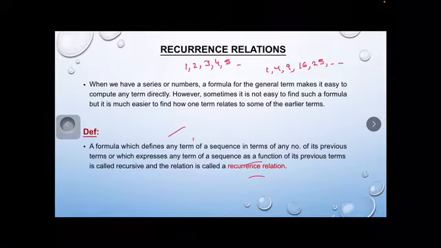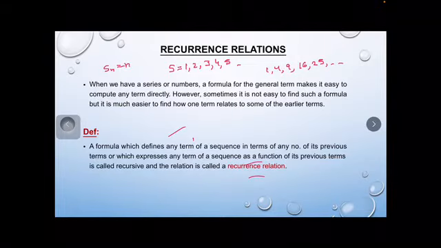Suppose this series is denoted by S. So what is the nth term of this series? You can easily see the series is 1, 2, 3, 4, 5 and so on, so the nth term of this series is Sn, which is n.